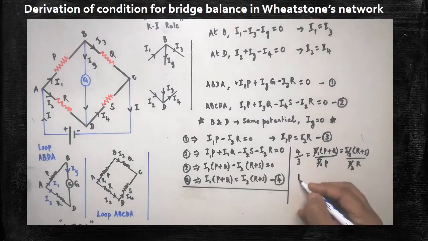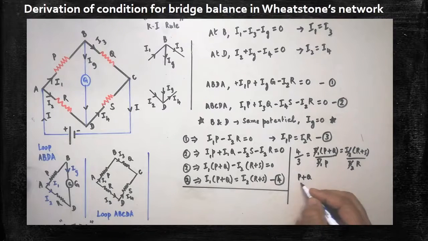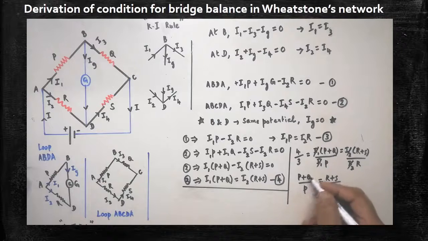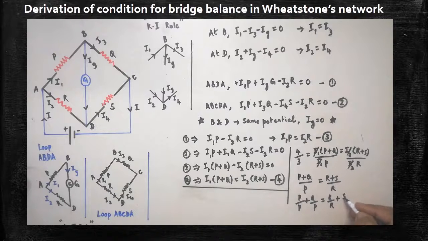The remaining factors are P plus Q divided by P, equal to R plus S divided by R. This can be split: P by P plus Q by P is equal to R by R plus S by R. P by P becomes 1, R by R also becomes 1, so the 1 and 1 cancel. The remaining thing is Q by P is equal to S by R.